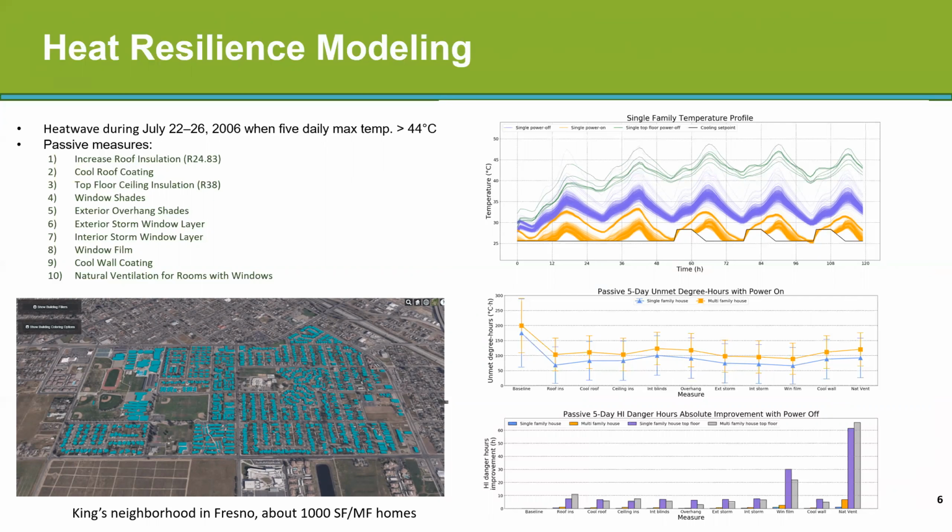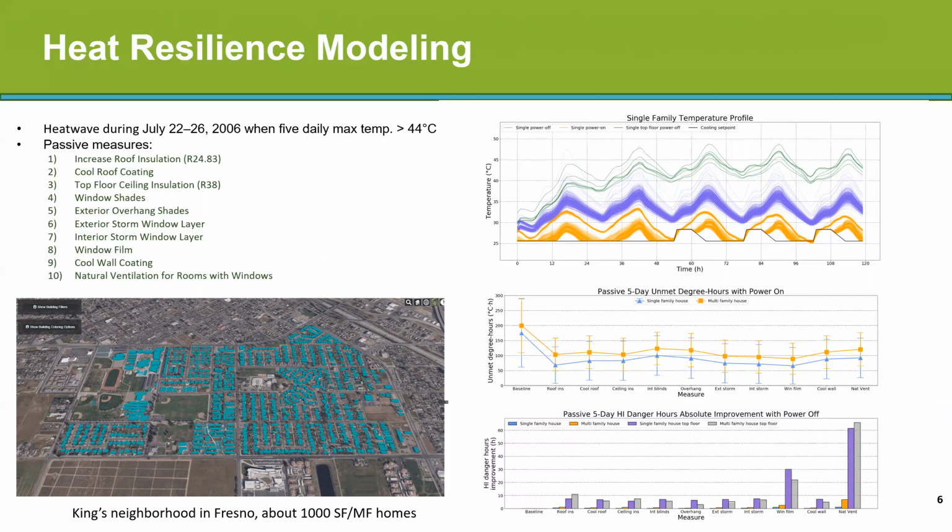The results highlight 2 things. One is, even when the power is on, the cooling equipment may not have the capacity to handle the cooling load during the heat wave. The second key point is, when the power is off, the indoor temperature can rise as high as 45 degrees Celsius, which poses a dangerous risk to the residents.